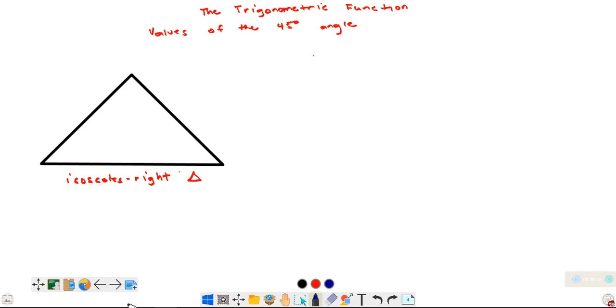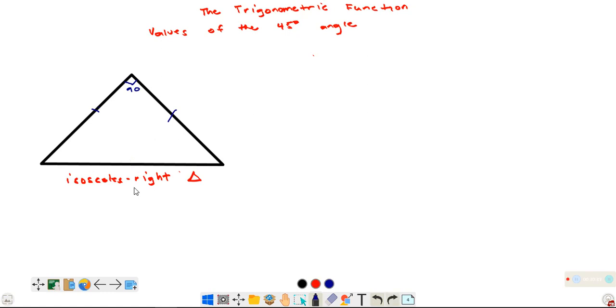So, the trigonometric function values of the 45-degree angle. Again, we have an isosceles right triangle here. So, this is 90 degrees. This is the right angle. If this is isosceles, then it has two congruent legs. Then the non-congruent side, that is the base.